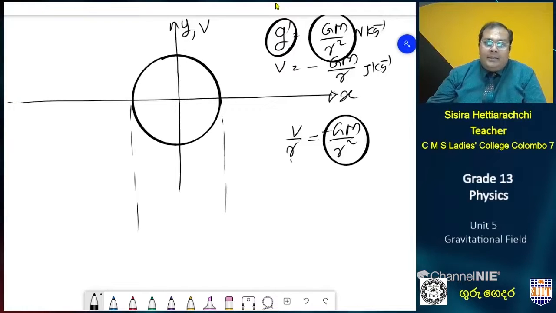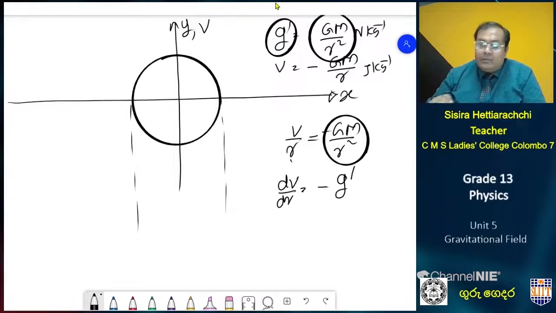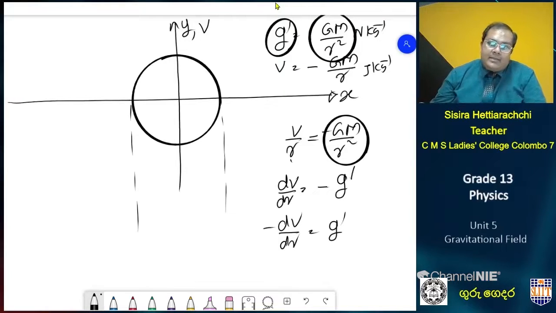Potential difference over distance difference, that is potential gradient, dV over dr, right? It's also very helpful when you are doing questions and plotting graphs. Potential gradient is equal to minus field intensity, or minus gradient is equal to positional gravitational acceleration.